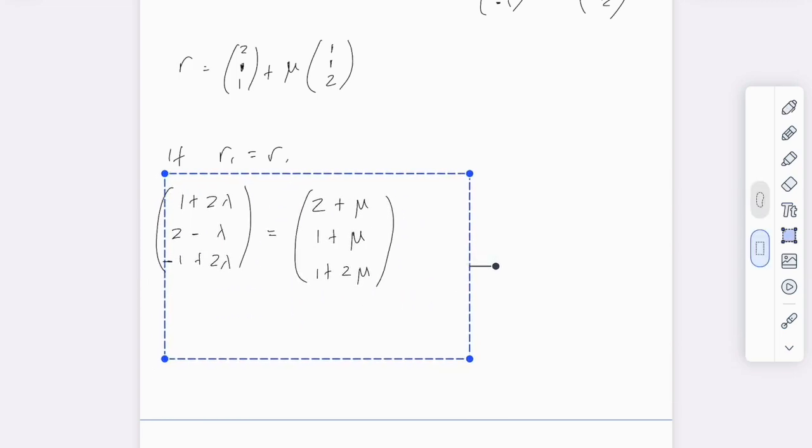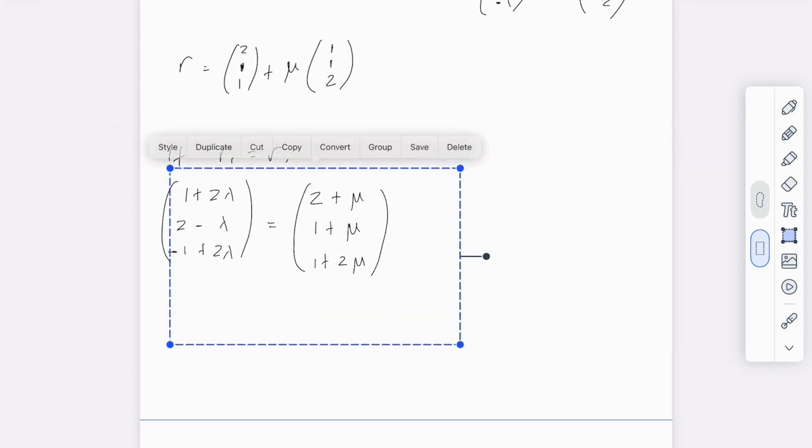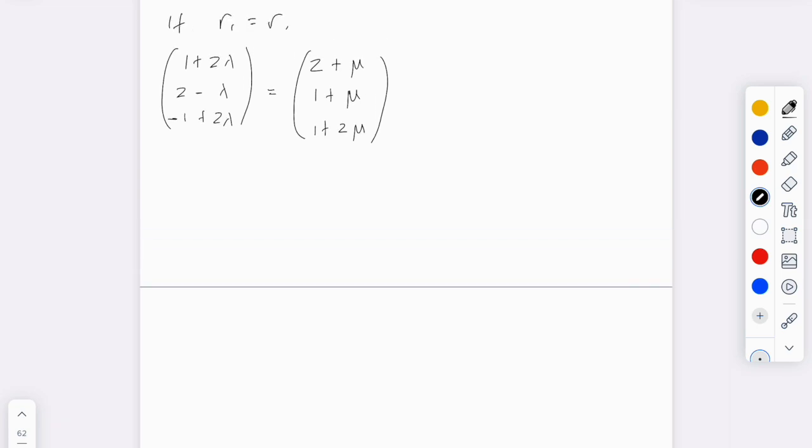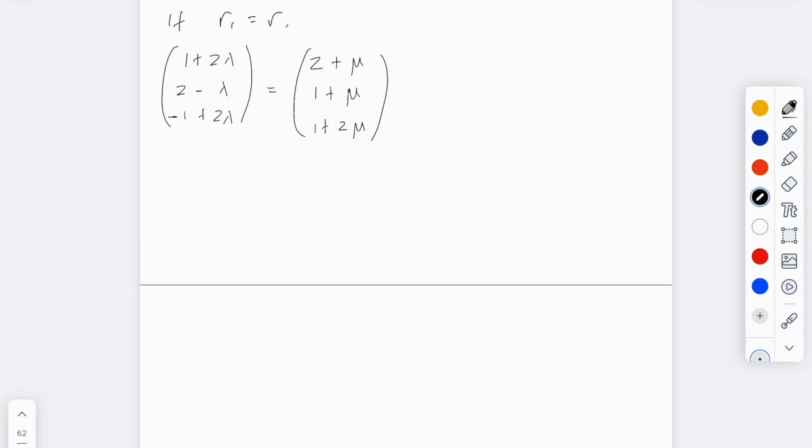So that's if they're equal. And so what we can deduce from here is the following. We can say 1 plus 2 lambda is equal to 2 plus mu, which tells me that mu is equal to 2 lambda minus 1.